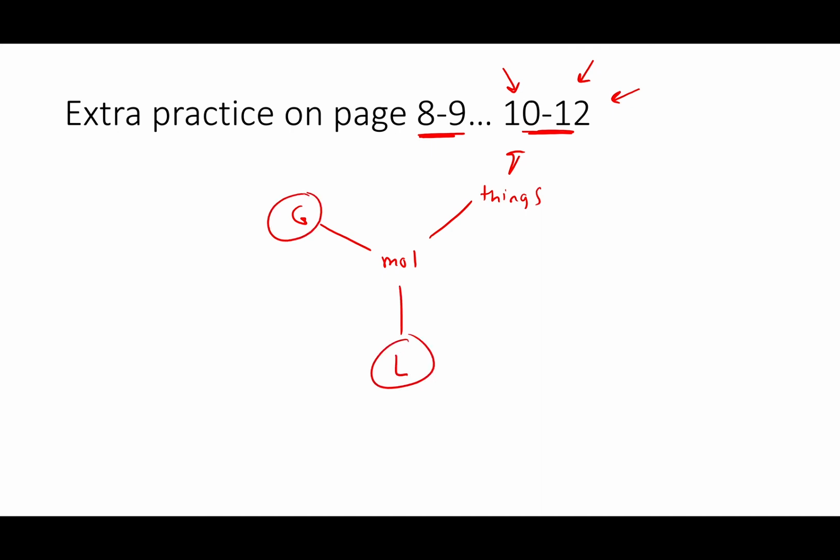So our mole island uses grams and liters, but you might also see milliliters or kilograms or milligrams, okay? If that's the instance, you have to go from kilograms to grams using the metric system and then use mole island like we have been, okay?